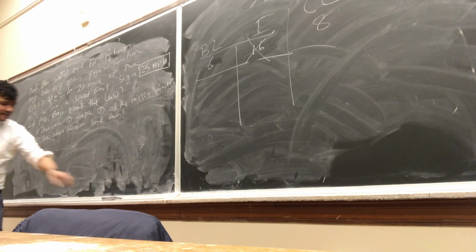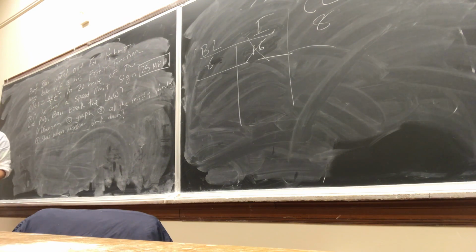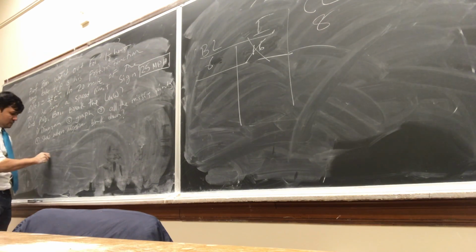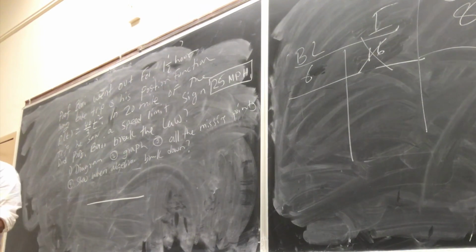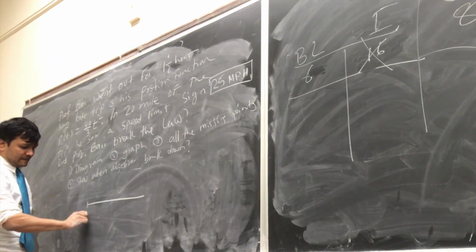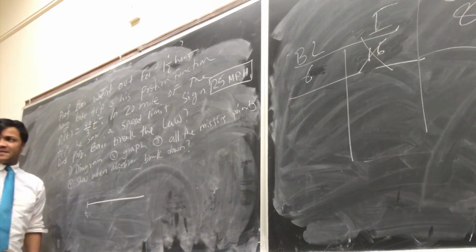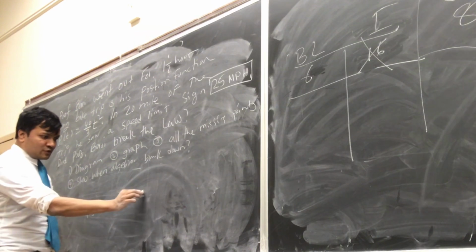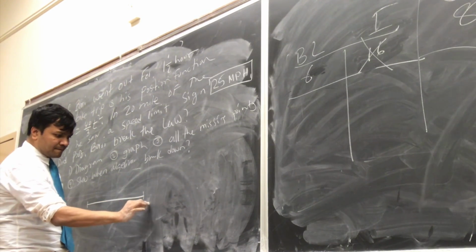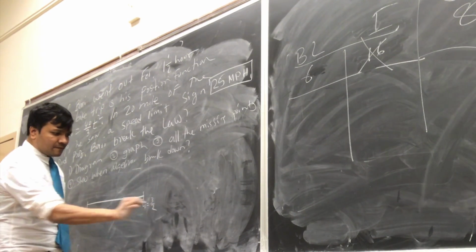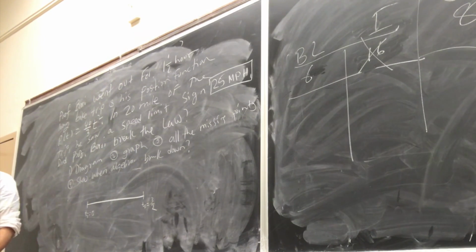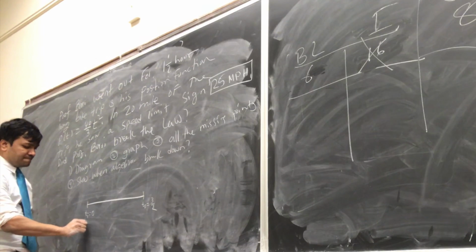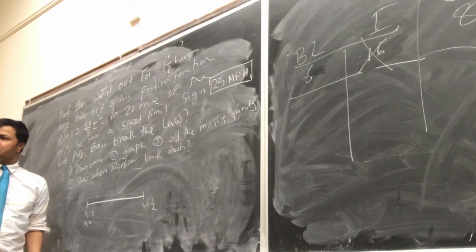Okay, let's first do the diagram. The first thing: range. Time initial. What is time initial? 0. Then what should the time final be? 3 over 2. What is D initial? 0.